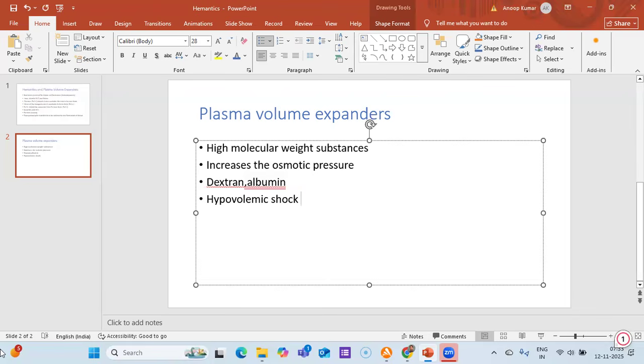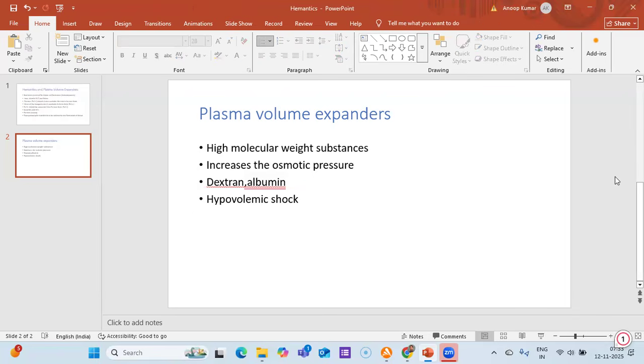So in those cases, you want to maintain blood pressure, you want to maintain blood volume. So how are you maintaining? You can give the plasma volume expanders. These are high molecular weight substances. These increase the osmotic pressure. Examples of plasma volume expanders are Dextran, albumins, and they are useful in hypovolemic shock.